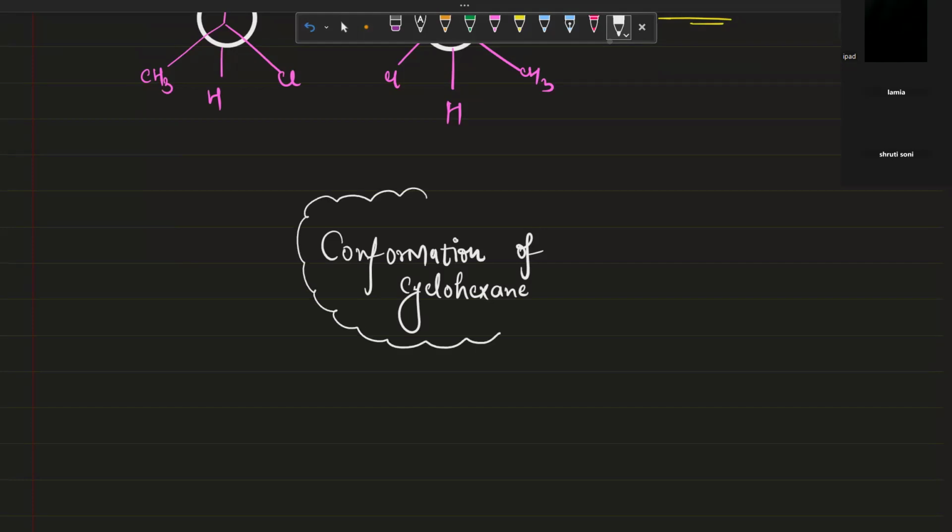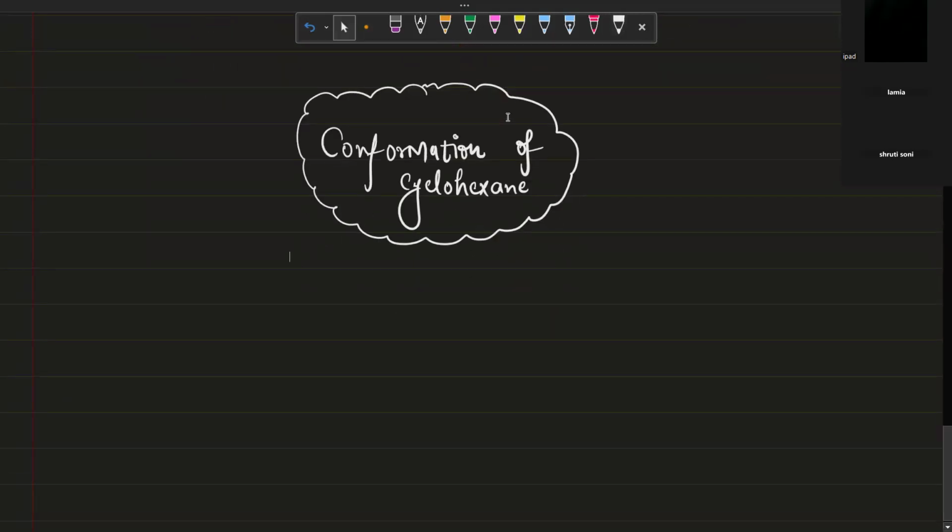And what do you know about cyclohexane? Cyclohexane, it's rotating. Is it aromatic? Cyclohexane is not aromatic. The structure of cyclohexane is like this. Okay, this is cyclohexane.